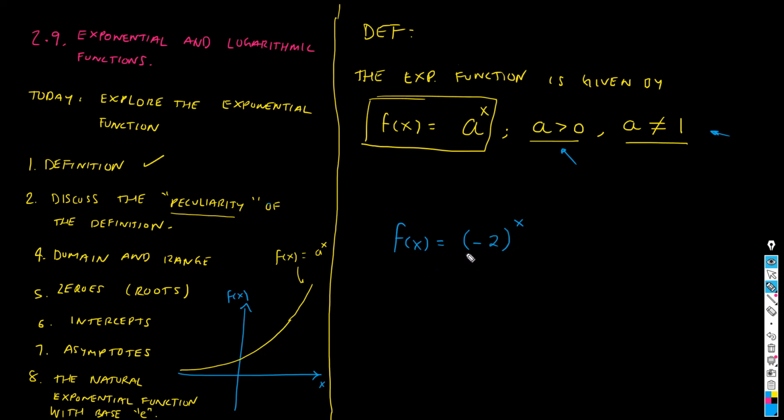Okay, so by doing this, I'm gonna get in trouble, because, for example, if I tried to evaluate this function in 1/2, in x equals 1/2, what would happen? I would get -2 raised to the 1/2.